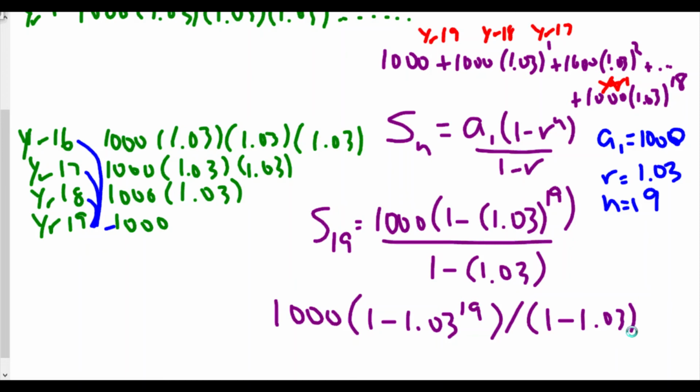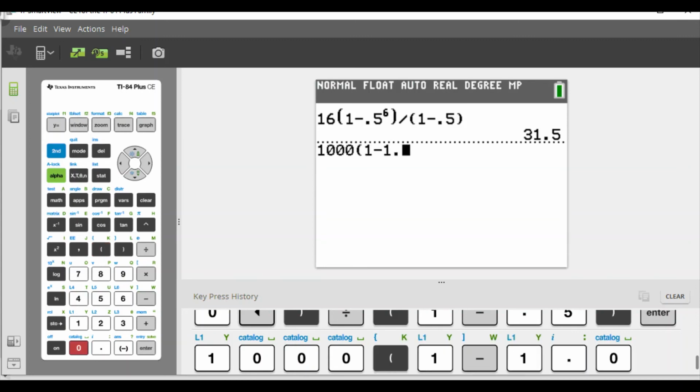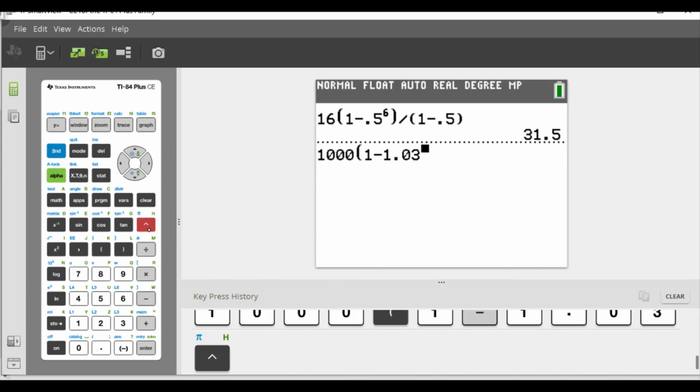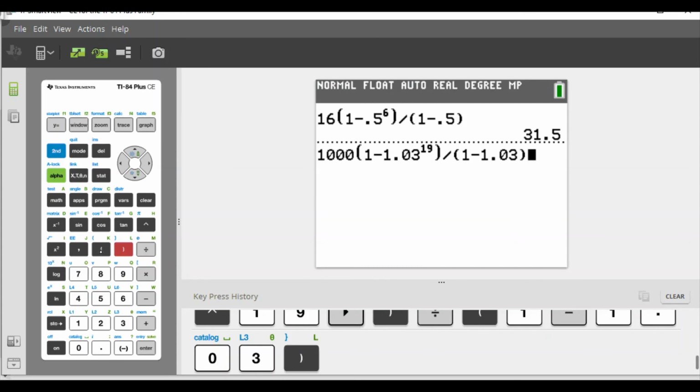So let's do this here. We have 1,000. All right, so 1 minus 1.03 raised to the 19th power, close parenthesis, and we're dividing by open parenthesis, 1 minus 1.03, close parenthesis.